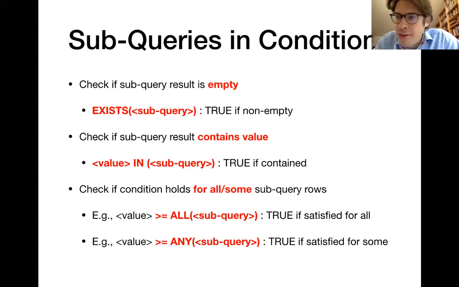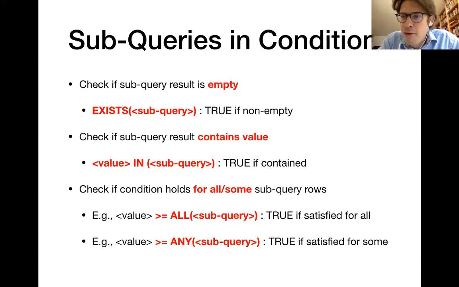Or, for instance, you could check whether one specific value is within the result values produced by a subquery, and you can do this using the in keyword that we have already seen. But so far we have seen it for checking whether one value is within a list of constant values, and here we are using it to check whether one value is within the results returned by a subquery.